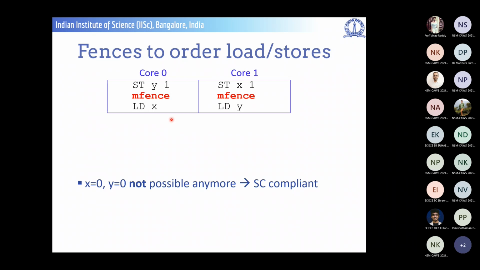So that's why you say there is a trade-off. You put more responsibility on the programmer at the cost of allowing more optimization in the hardware, like having the write buffer in this case for TSO.